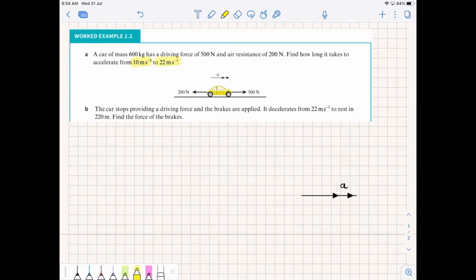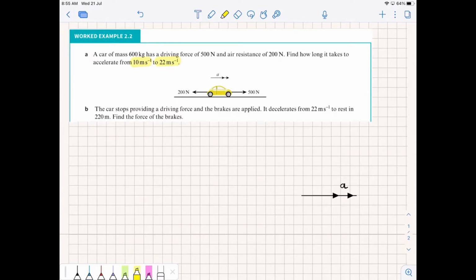If you are given kilometers per hour, you need to convert those units to meters per second first. The same as if you're given tons or grams instead of kilograms, since the unit for a newton is based on kilograms, so we need to convert the units first. So make sure you're using the correct units as well.